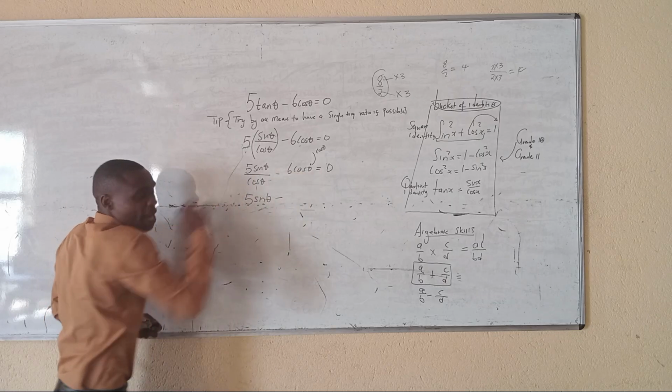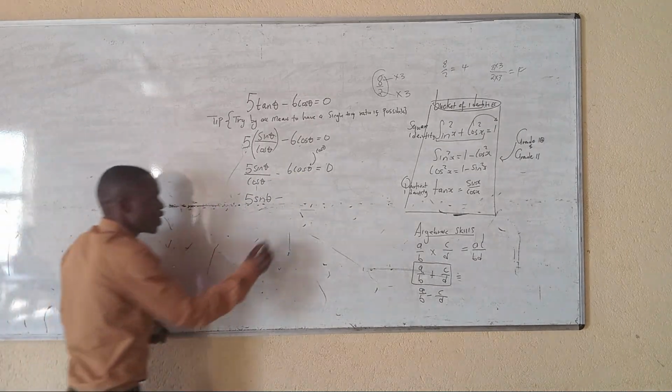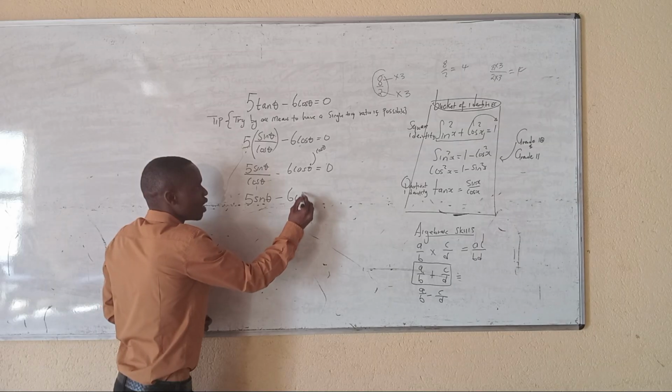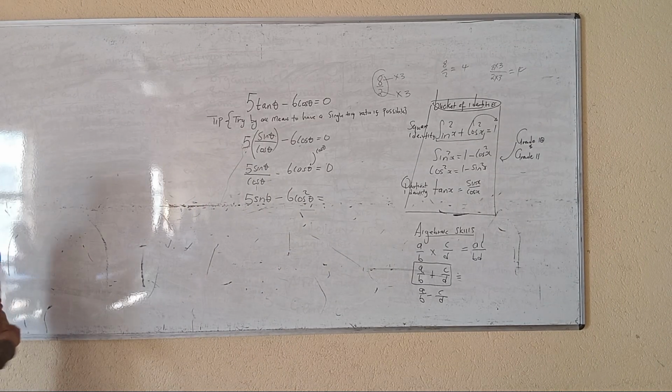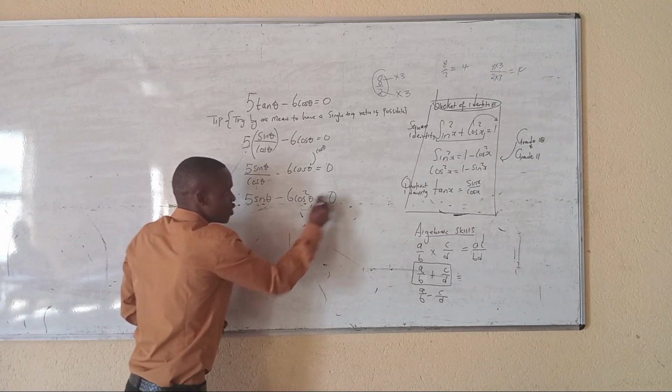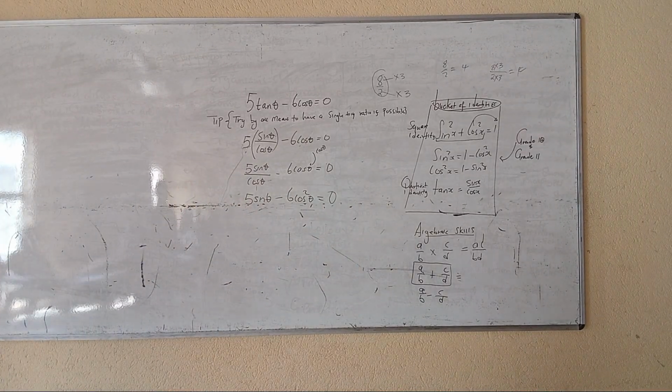If you multiply 6 cos theta by cos theta, you are going to have 6 cos squared theta. If you multiply 0 by cos theta, you are going to have 0. I complicated it a bit at first because I want you to know how to add and subtract fractions.